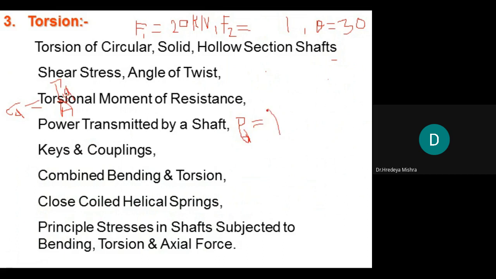That is the F2 cos theta. So we put the value here. F2 is 30 into cos 30.